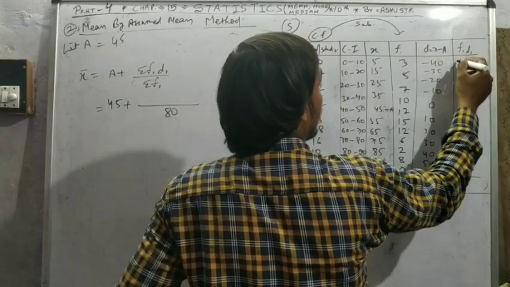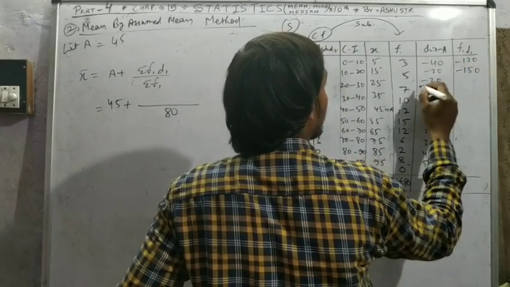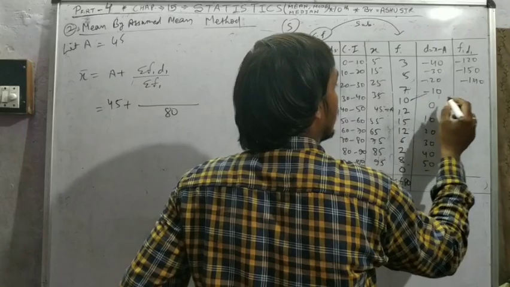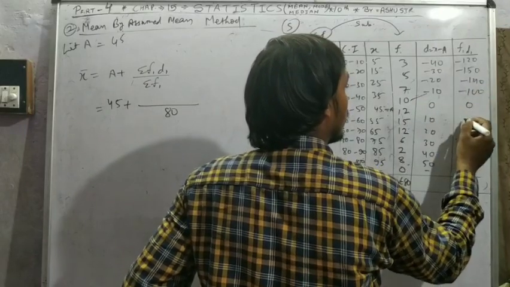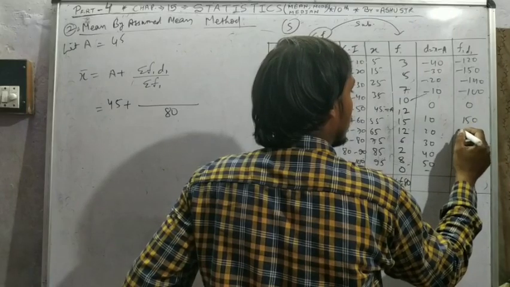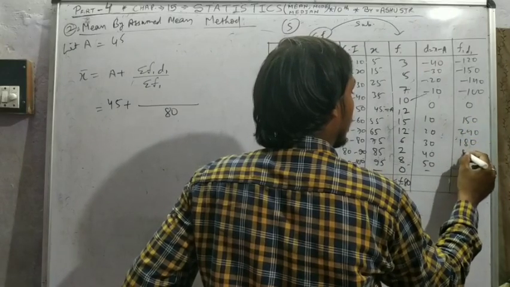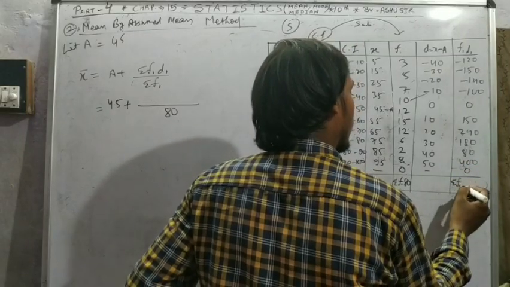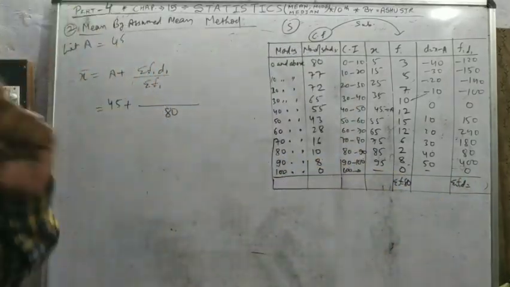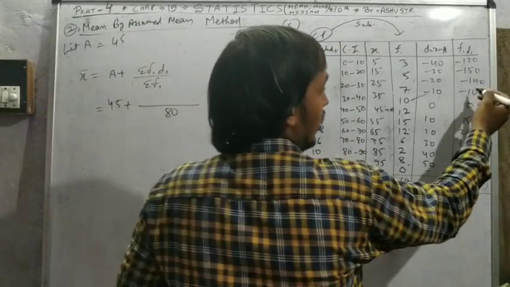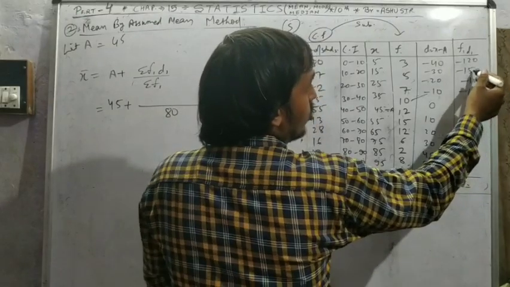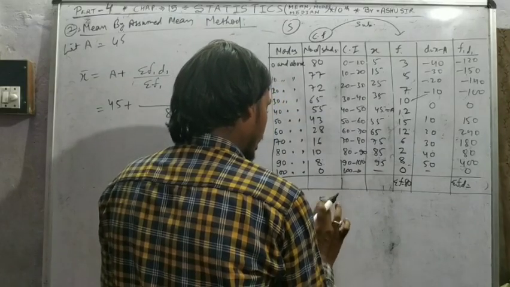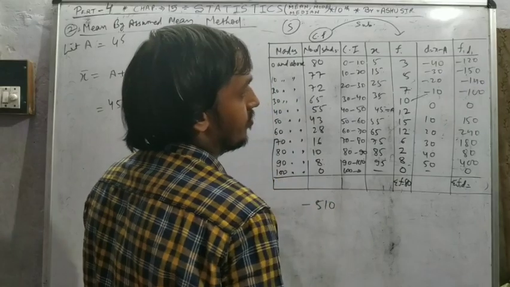F into D: minus 120, minus 150, minus 140, minus 100, 0, 150, 240, 180, 80, 400. Then sigma FD. Subtract the minus sign: 100, 200, 240, 290, 390, 490, 510.